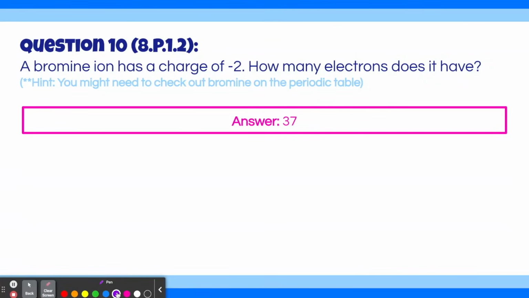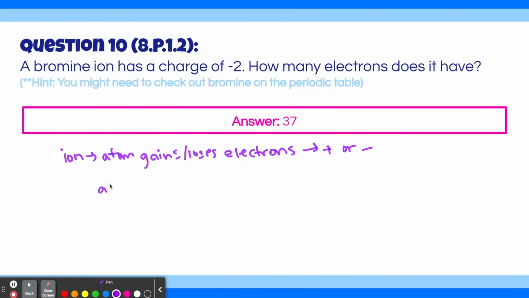So the first thing we have to ask is, what is an ion? An ion is an atom that gains or loses electrons, which gives it a positive or negative charge.